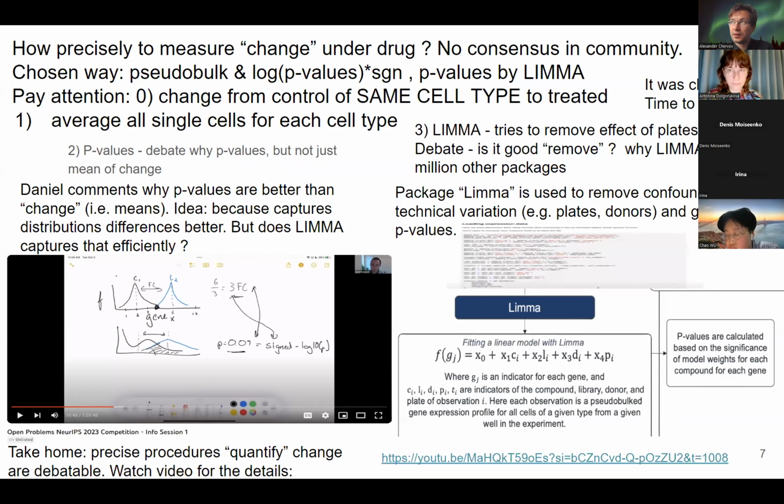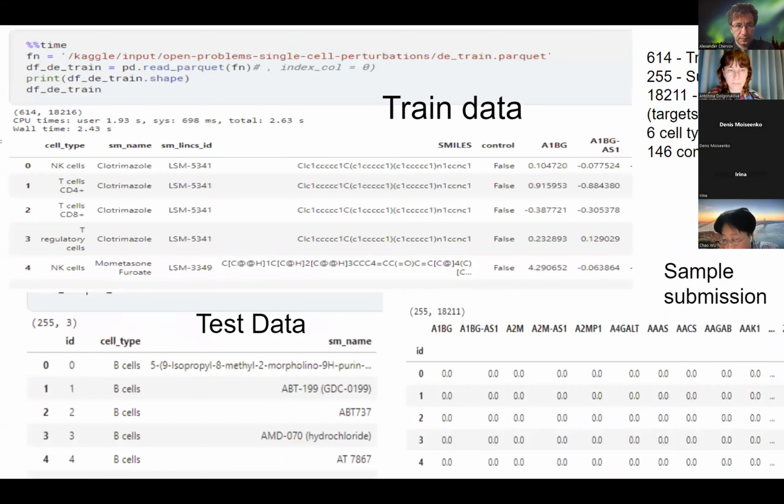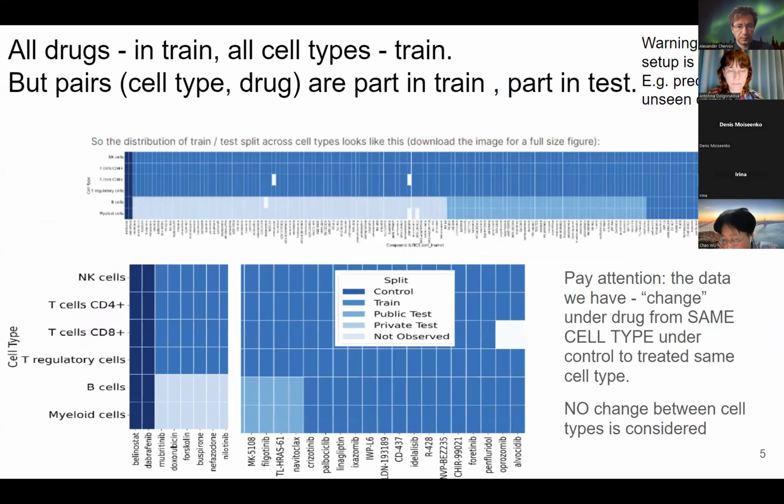No, I mean, what we are predicting is a differential signal, which comes from a comparison between the potentially perturbed cell and a set of control cells, right? The control cells are of the same cell type, so they will be different.